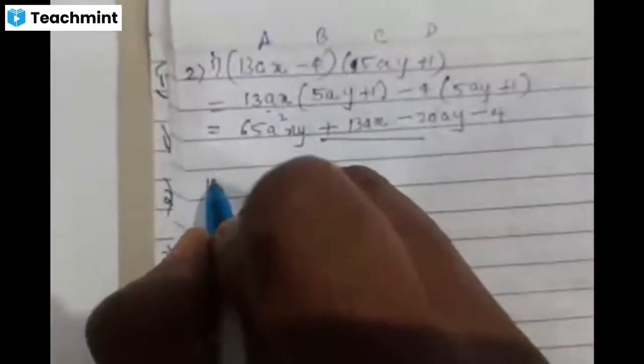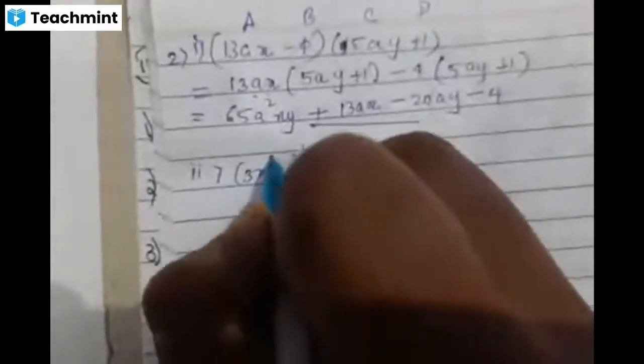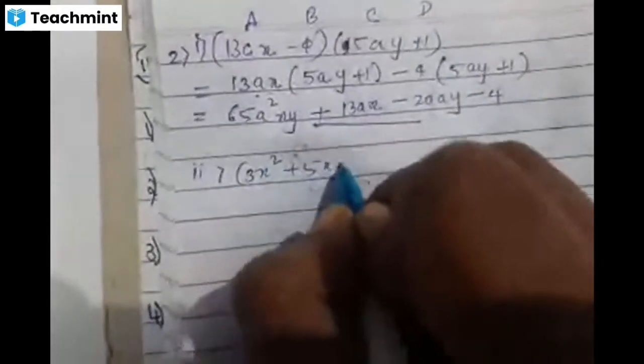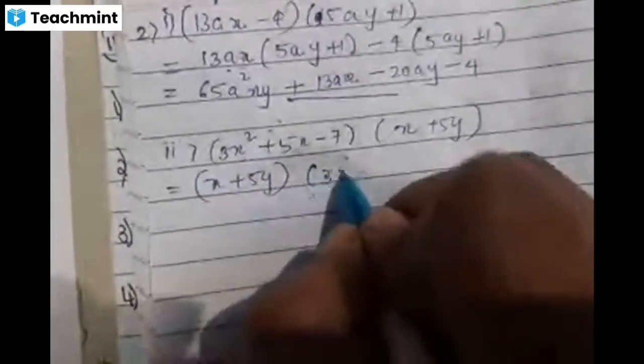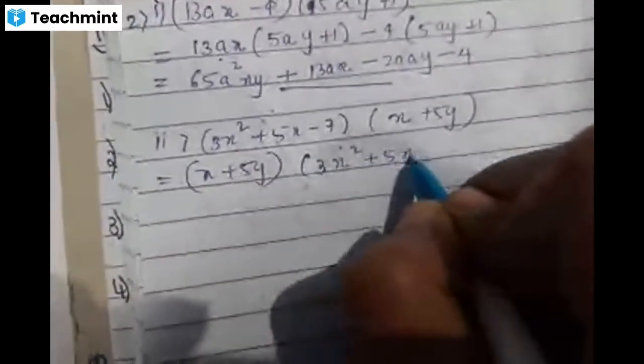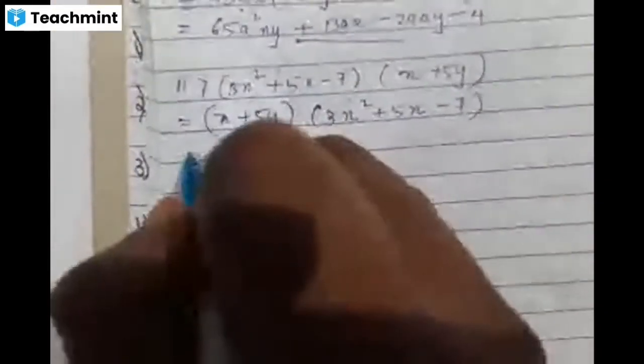Next is question number 2. 3x square plus 5x minus 7 into x plus 5y. Here, a binomial with a trinomial. To make it easier, I am going to change the place of the binomial and trinomial. We know how to multiply a binomial with a trinomial.